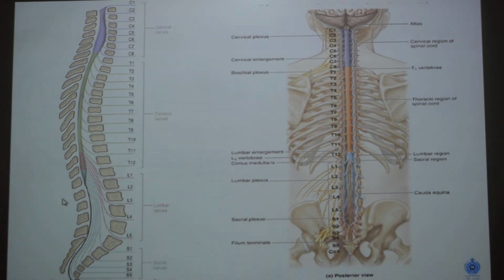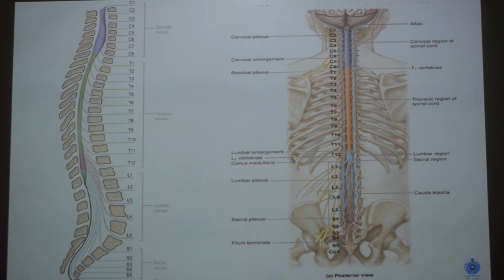So from the tip of the conus medullaris, you can see a fibrous structure going all the way down to the tip of the coccyx. And this fibrous structure is called the filum terminale. So filum terminale is a layer of pia mater and is a fibrous structure which is going from the tip of the conus medullaris to the tip of the coccyx.